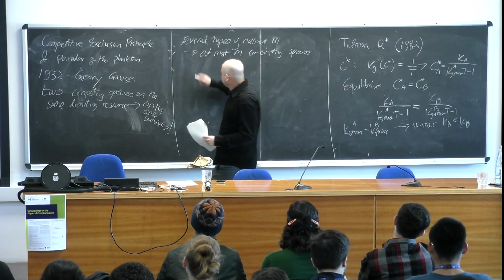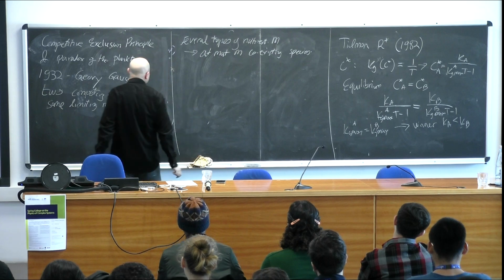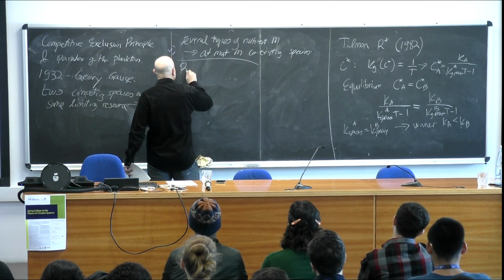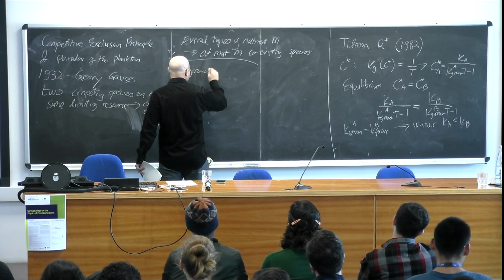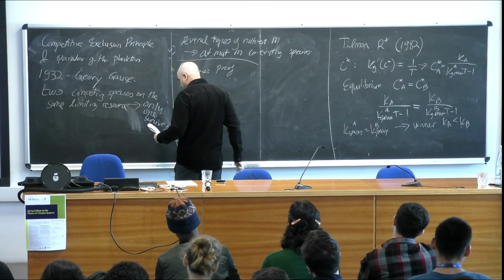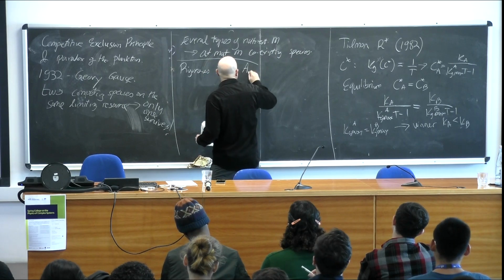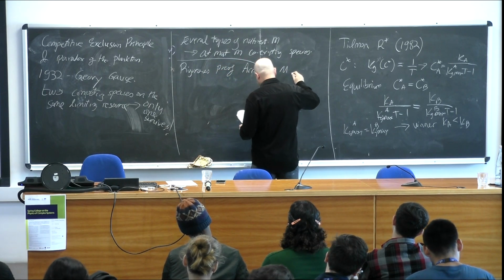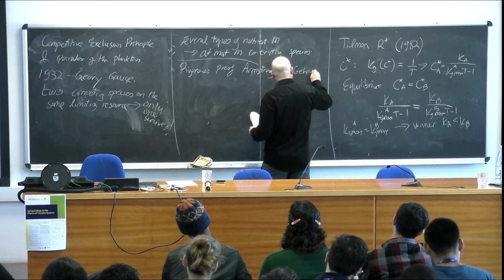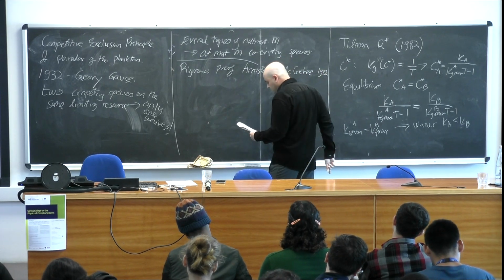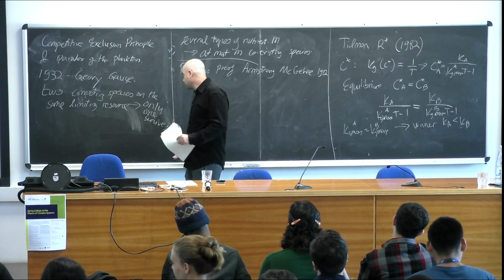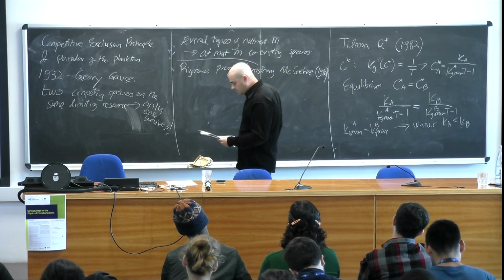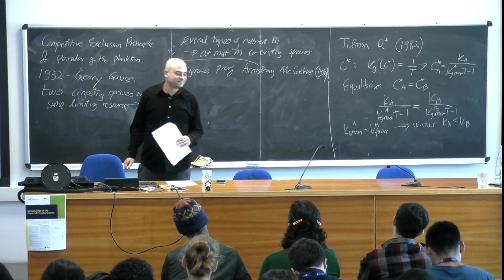We'll get back to that in a second, but before that, I'd like to mention, this was rigorously proved by a landmark paper by Armstrong and McGehee, 1980, which is called the competitive exclusion principle.